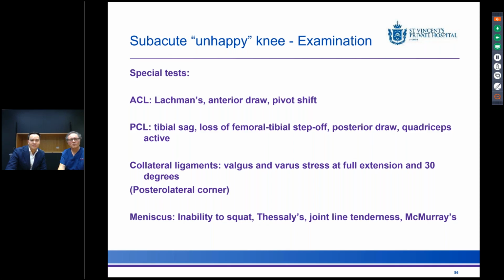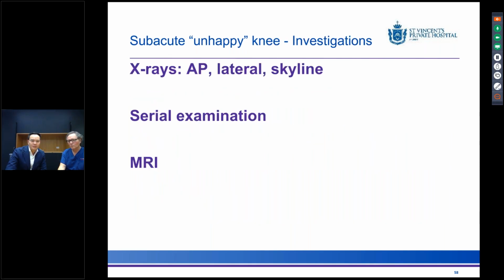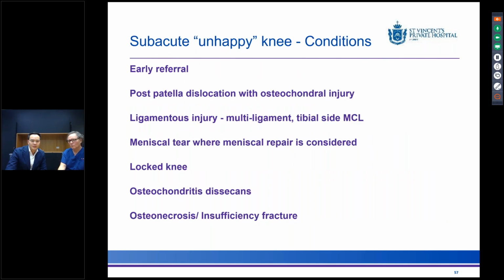I do Thessaly's test where the patient stands on one leg with the knee flexed, and I pivot the patient on that knee, looking for pain. I do try to do McMurray's test as well on some occasions where the diagnosis is still not clear, but ultimately in a lot of patients in this scenario, it can still often be difficult.